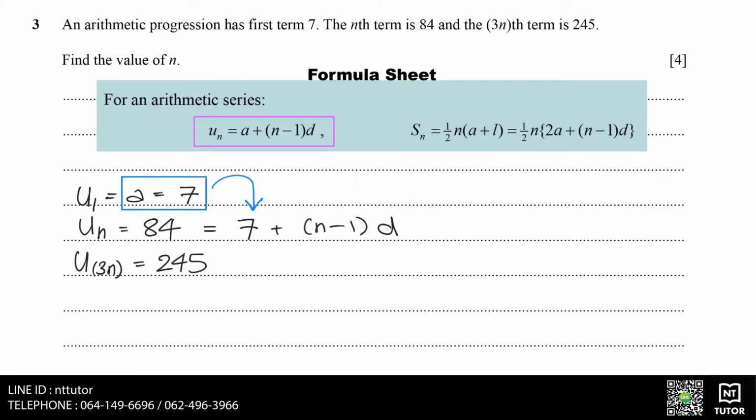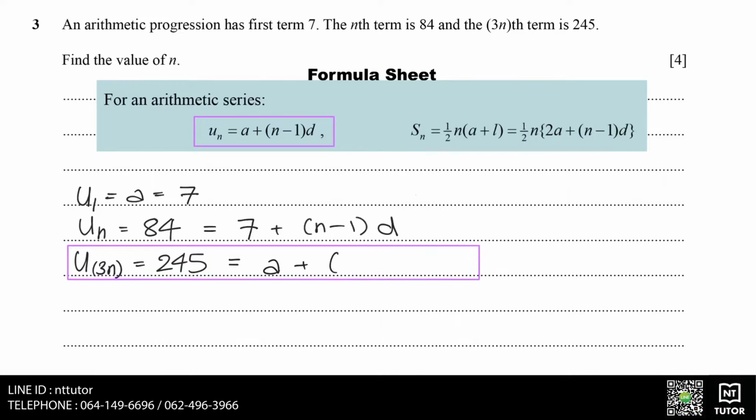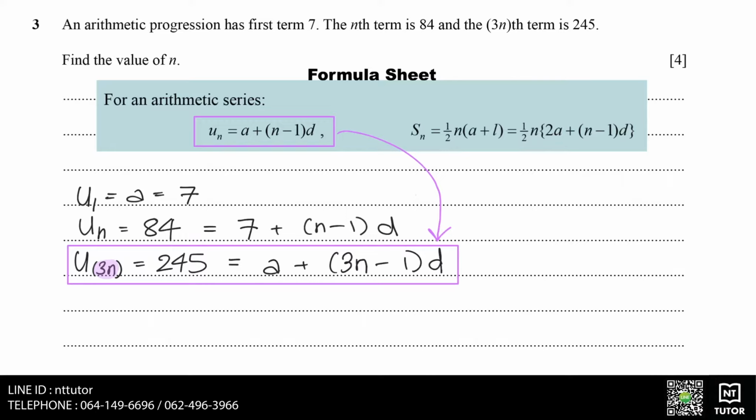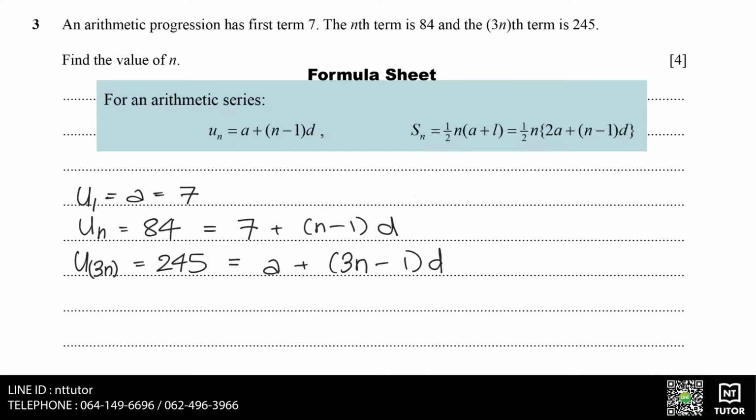For u3n, we can use the same formula as we did for un as well, but in this case, instead of an n, we must use 3n. And again, we already know the value of a, so we can substitute the value of a into that expression.